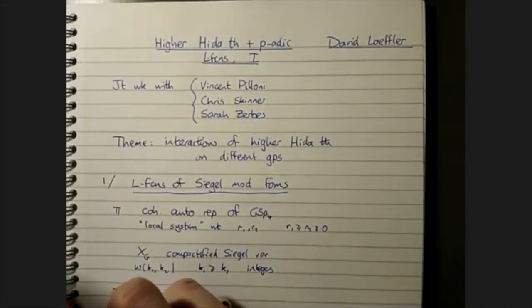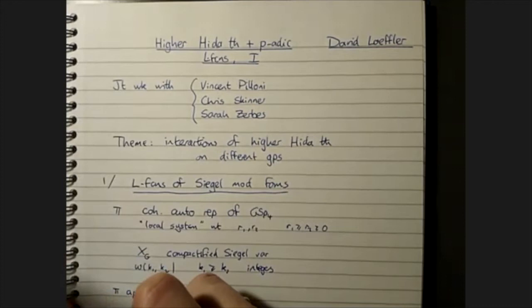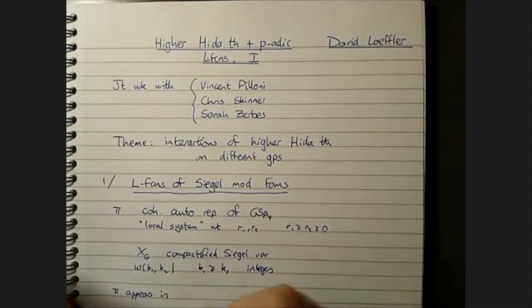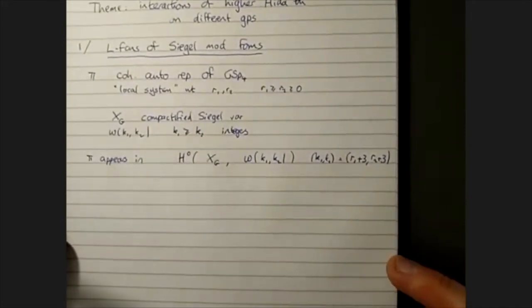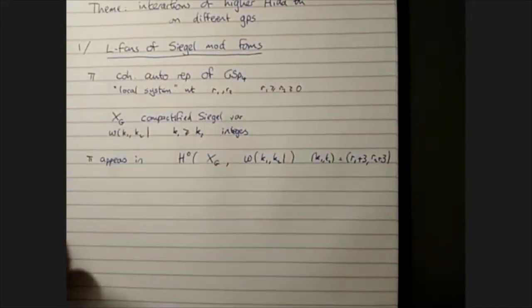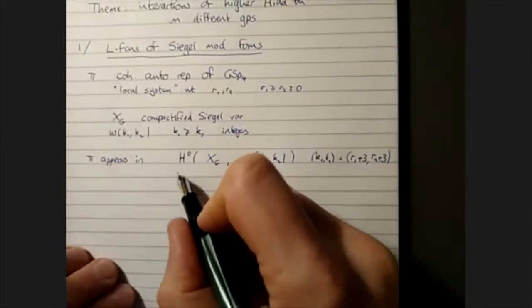So pi appears in H0 of X_G, omega k1, k2, with k1, k2 equals R1 plus 3, R2 plus 3. And these numbers aren't so important. I'm just writing down explicitly the slightly shifted action of a Weyl group that was appearing in the previous lectures.